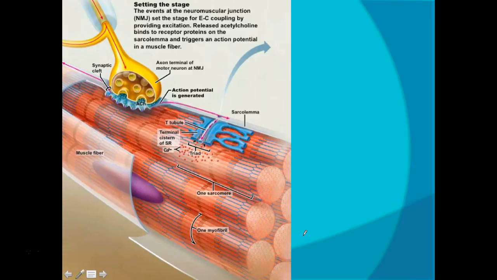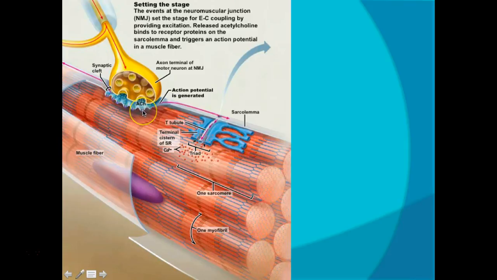Okay, now I want to put this all together for you, do a summary and also put it together with our excitation contraction coupling, as well as the cross bridge that's going to occur between actin and myosin. So we have a nerve impulse or action potential sent through the nerve. These acetylcholine vesicles within the nerve are then going to release acetylcholine through the synaptic cleft and to the acetylcholine receptors on the motor end plate of the sarcolemma on our muscle cell.